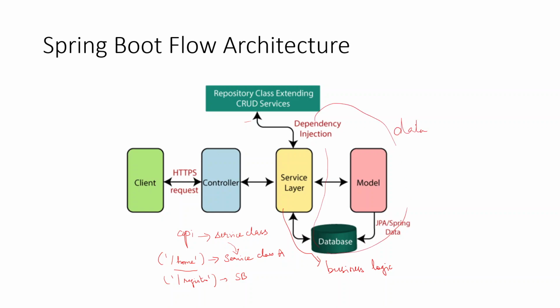If I am going to work on database connectivity, we need the database and we need the CRUD operations. CRUD operations are create, read, update and delete services, and for that we need JPA, the Java Persistence API, which gives a list of interfaces through which we can invoke these services.